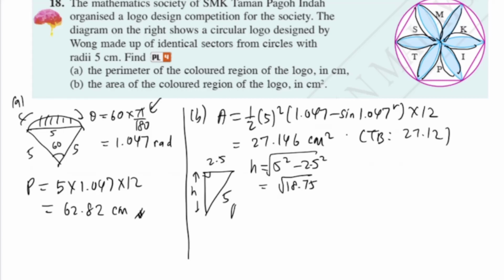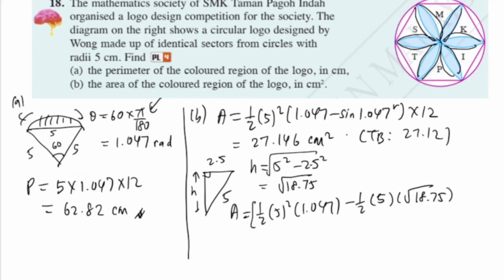So your area will be half r squared theta, area of 1 sector, minus area of 1 triangle, half times base times height. Your base is 5, your height is square root 18.75. Whatever we have here, we times 12. And with that, I think you will be able to get 27.12.